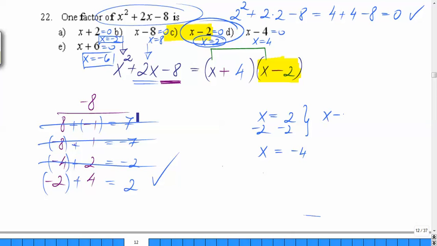That gives you x minus 2, and that will be one of the factors. You can add 4 to this one, and that will give you x plus 4, which also should be the other factor, right? I mean, many ways to solve it. Math has unlimited ways of solving most of the problems. You guys bring the new ones, right?